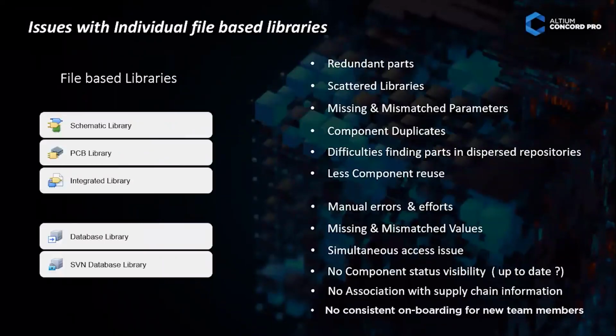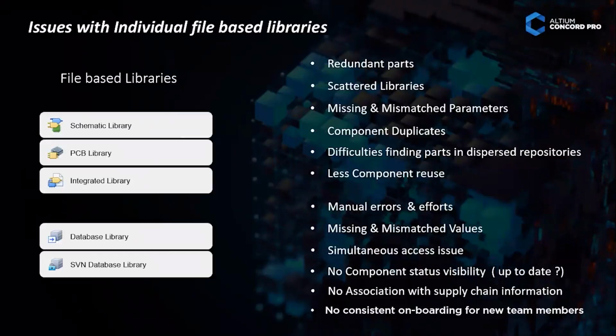So with all these libraries, we may have duplicate parts, and if someone wants to search whether a component is already available in our library or not, it is very difficult to search in the scattered libraries, because the libraries are located in different locations, or even if it is in a single location, there are a number of integrated libraries, so it is very difficult to search for the component before creating it.